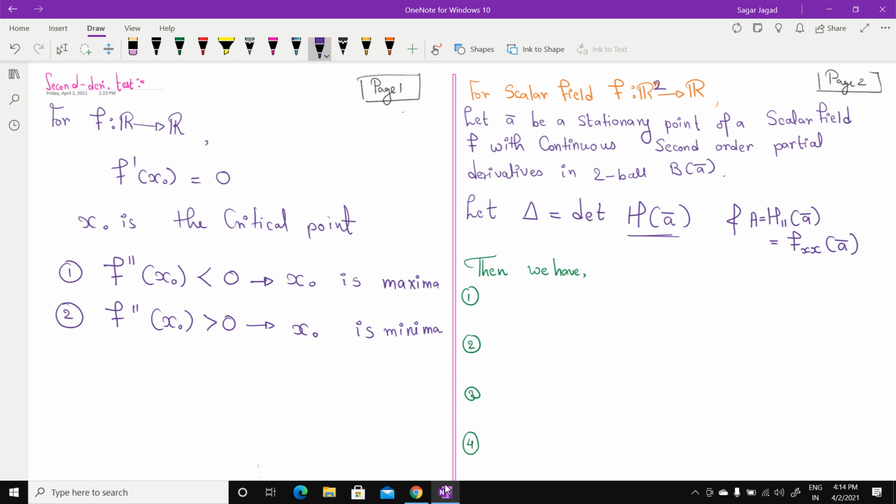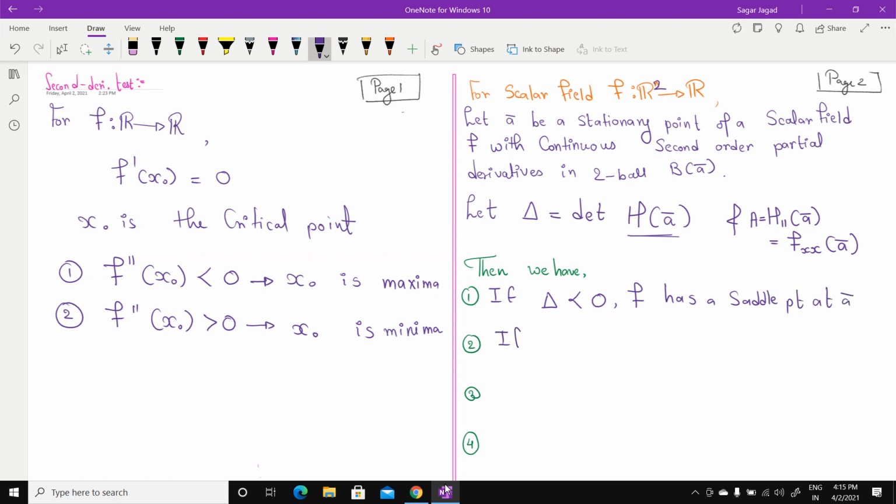The test says that if this delta, which is the determinant of the Hessian matrix at the point a bar, is less than 0, then f has a saddle point at a bar.